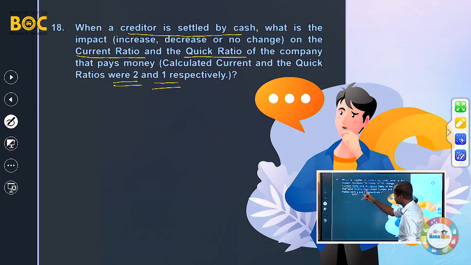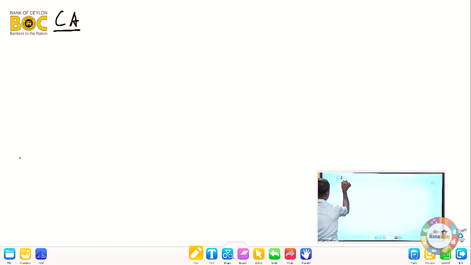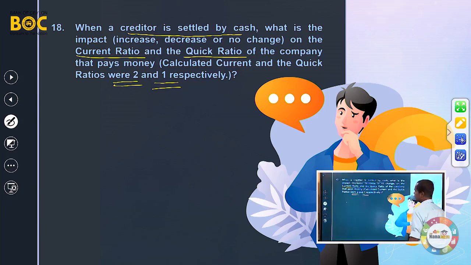The current ratio and quick assets ratio. How do you calculate the current ratio? Current ratio equals current assets over current liabilities.